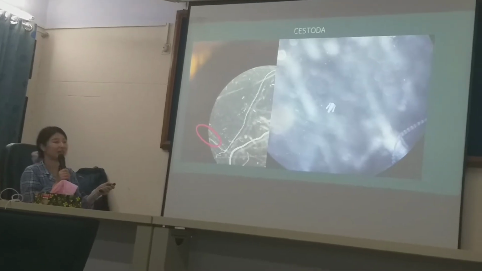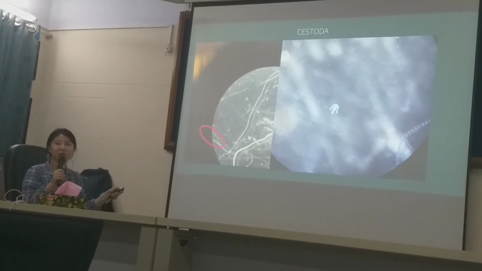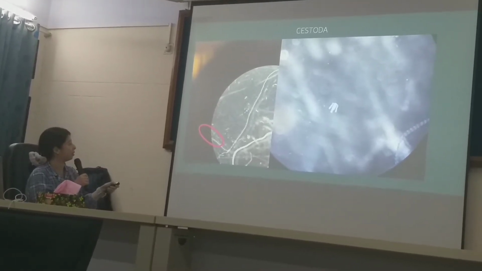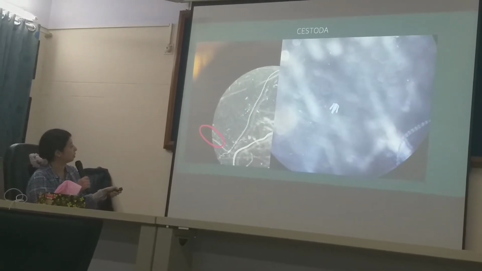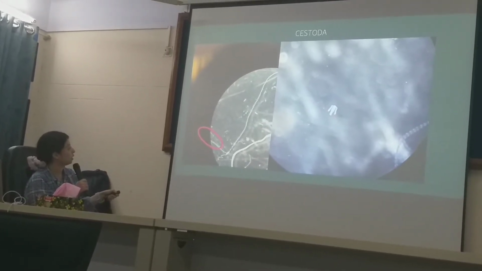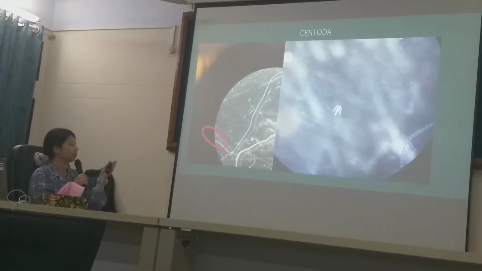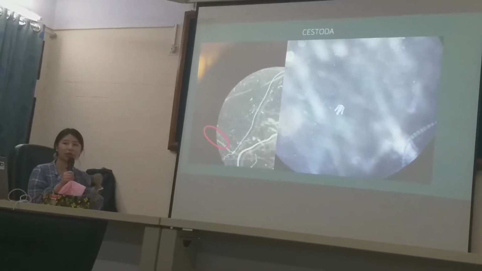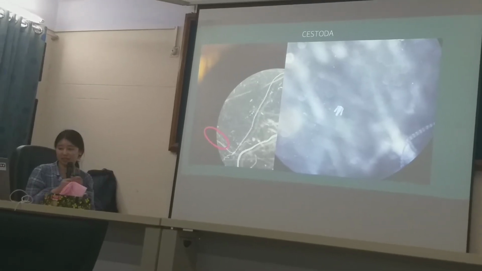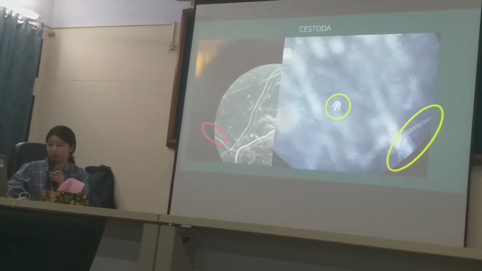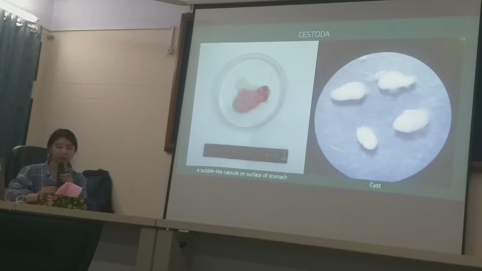So in this case, I have a very hard time finding it. And they are so tiny that even if you find one and keep it in the vial, sometimes you cannot find where it is. So you have to be very careful.